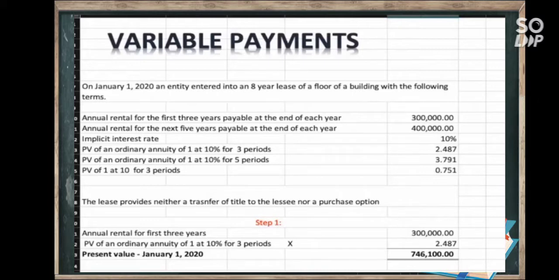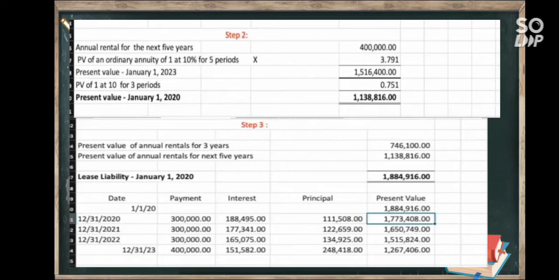Next, step 2, annual rental for the next 5 years. That is the next term, which is 400,000. Present value of an ordinary annuity of 1 at 10% for 5 periods is 3.791.